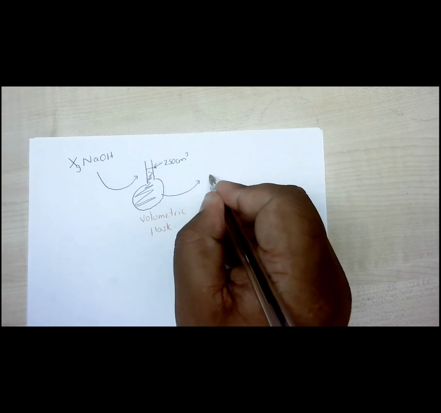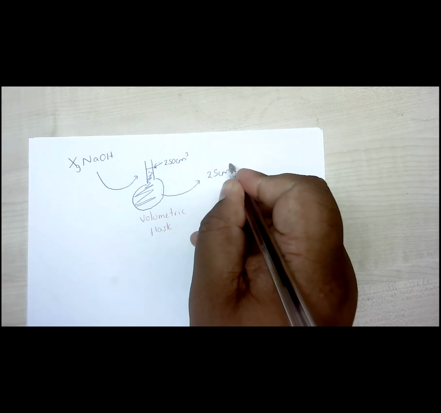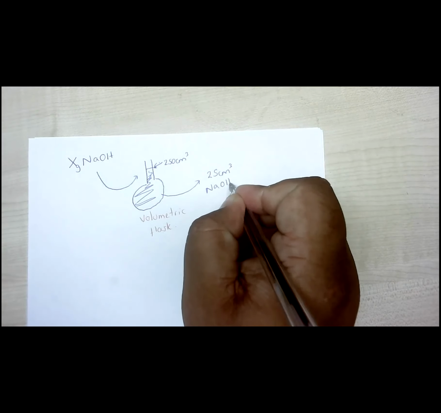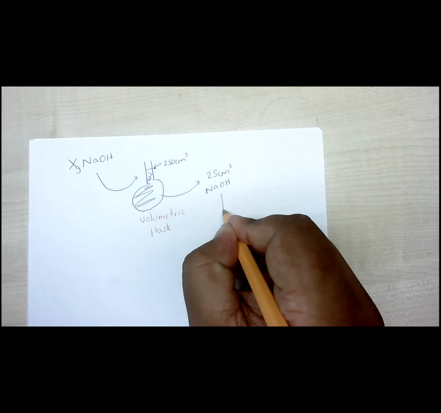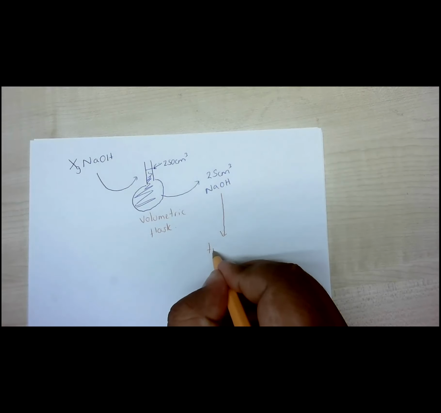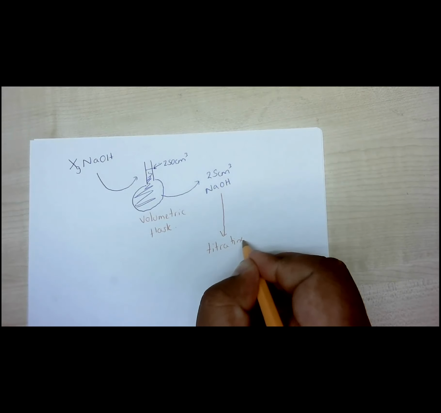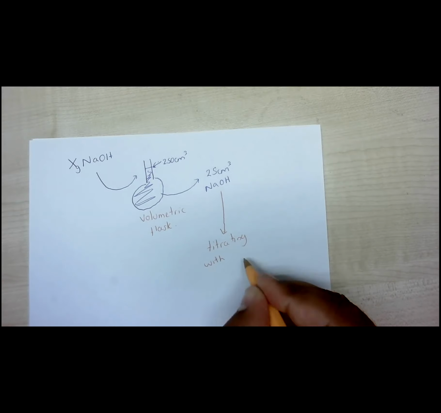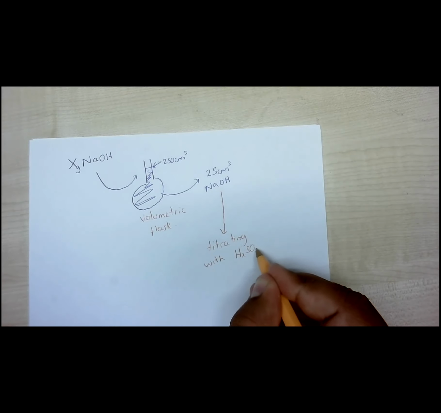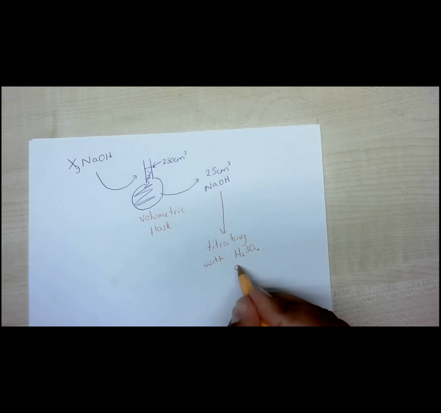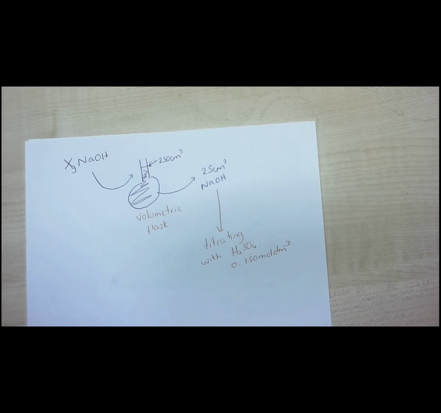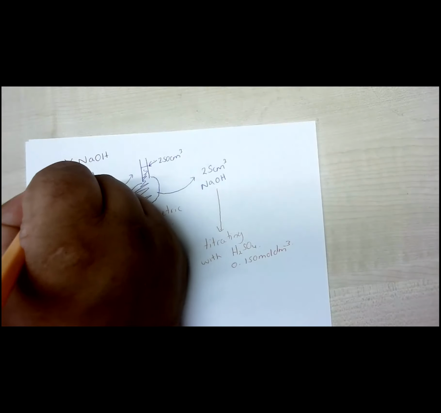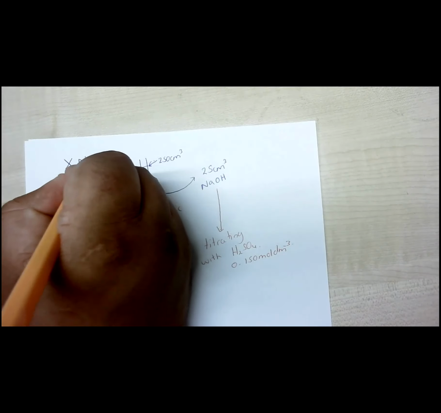So what you're doing is taking out 25 centimeters cubed of the sodium hydroxide, and once you've taken that out, you are then titrating it with sulfuric acid, H2SO4, with a concentration of 0.150 moles per decimeter cubed. You've been given some titration values and you've been asked to work out the mass of the original solution.